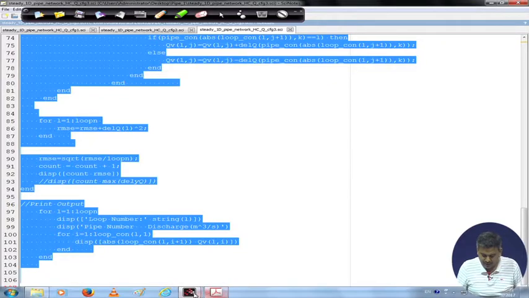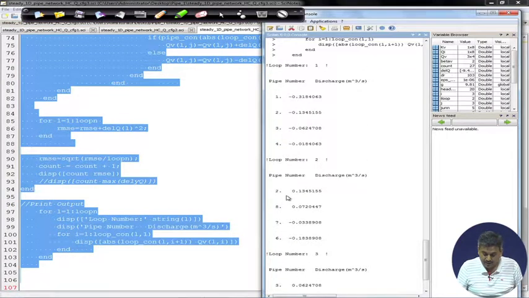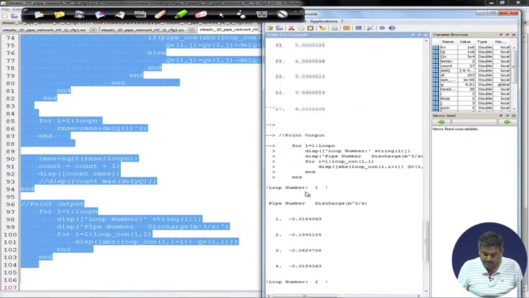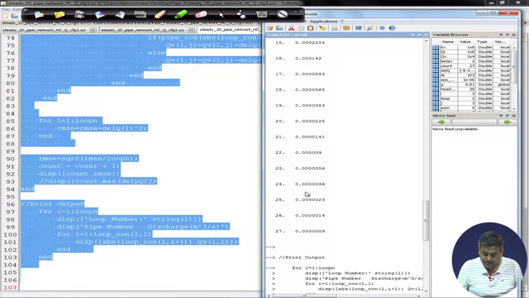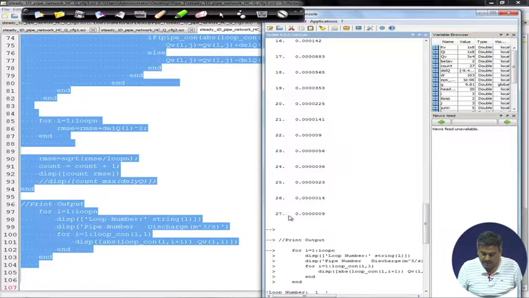So, now if I run it, I am getting a negative value here. Again this is 27, 27 is the number of iterations that is required for this one.